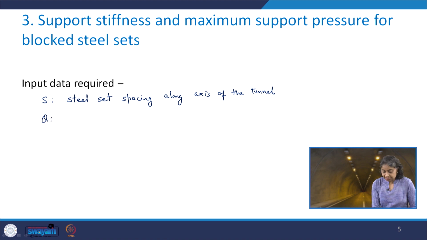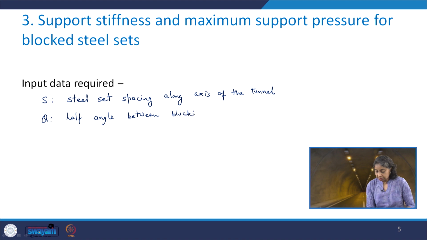Then we have theta, which is the half angle between blocking points. Keep this in mind that this should be in radians.